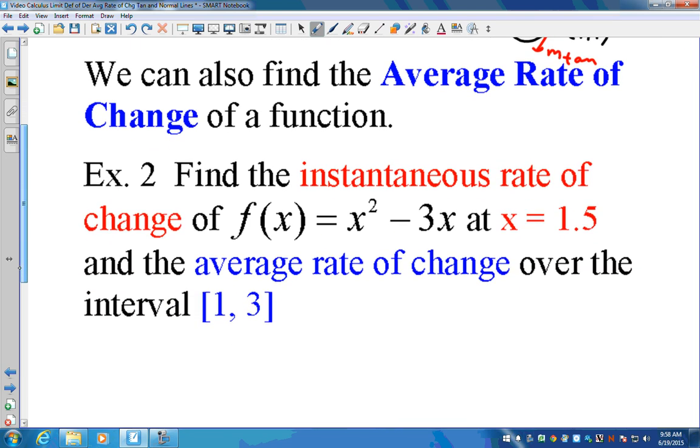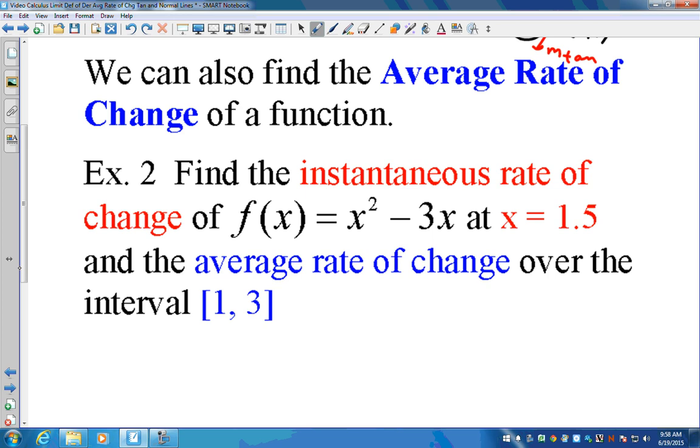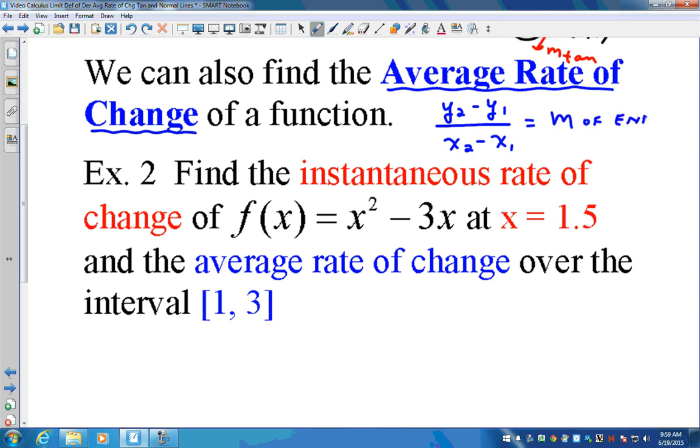All right, so in this second example, we're going to talk about the average rate of change as well. Now, I haven't defined the average rate of change for you, so let me do it right now. The average rate of change is simply y2 minus y1 over x2 minus x1, right? This is simply the slope of endpoints.